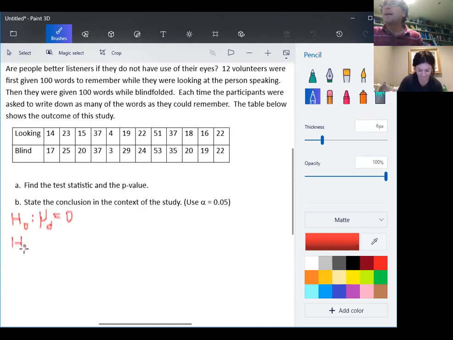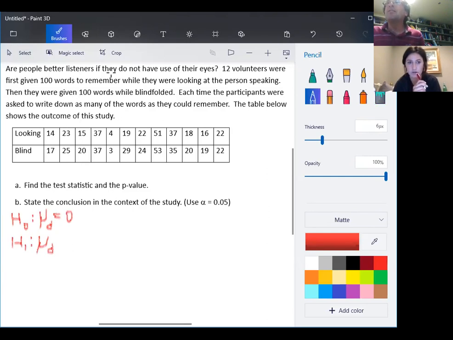So we're going to have H1, and that is mu sub D. And now we have to think about it. The idea is you always do the second minus the first for the difference. That's how the calculator is going to handle it. So I like to grab an example that works for what we're looking for.